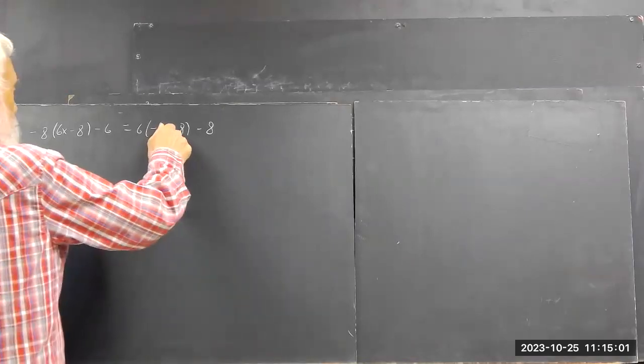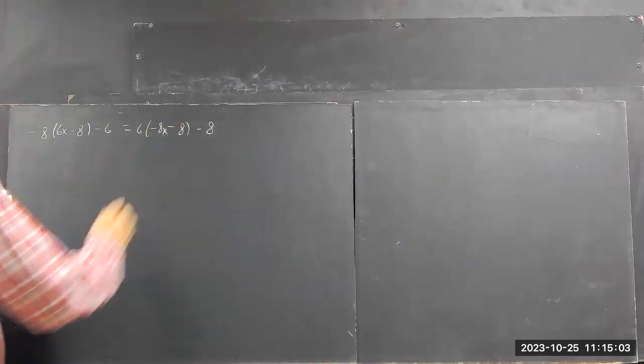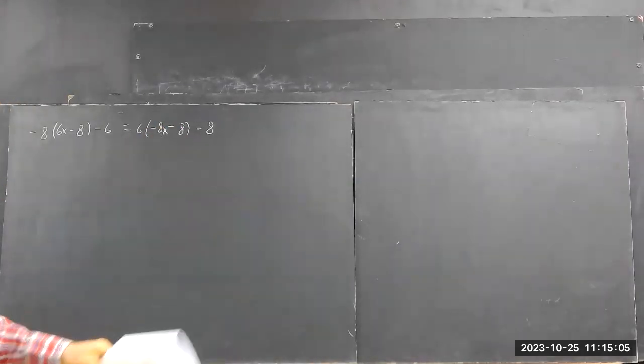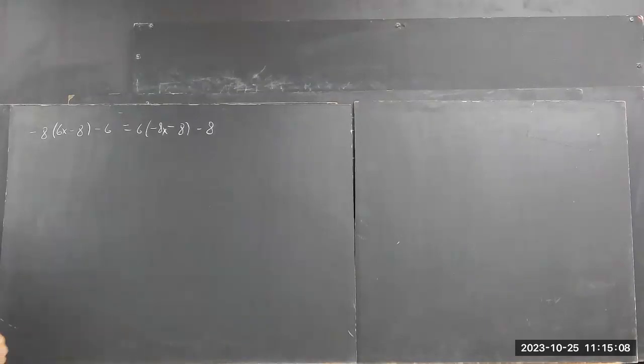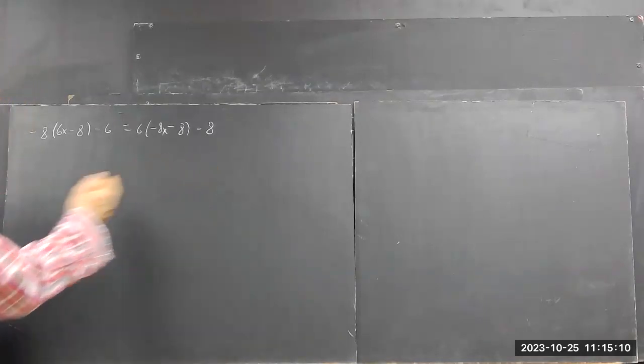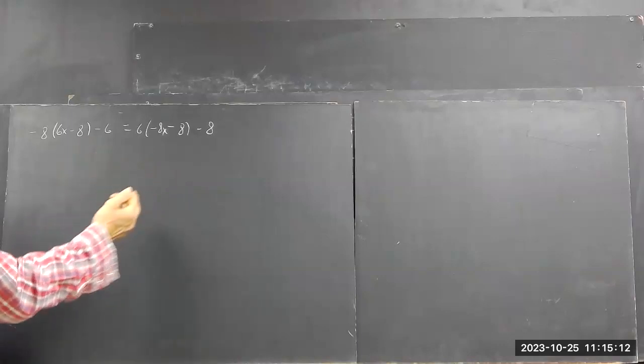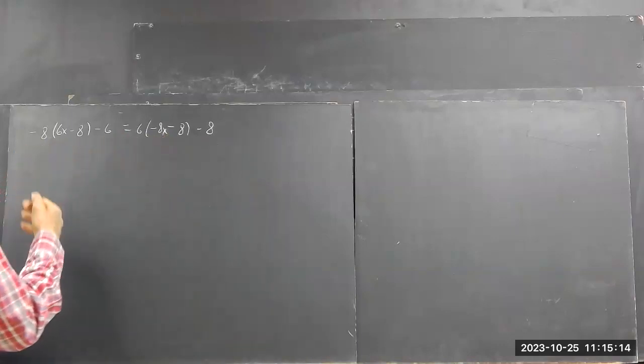There's a bunch of 8s in here. It should be minus 8x. But that's just coincidence in the way the randomizer made up this problem. So it doesn't matter. We're just going to deal with this. The fact that we've got all these 8s doesn't really matter.